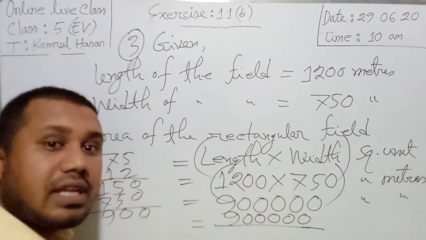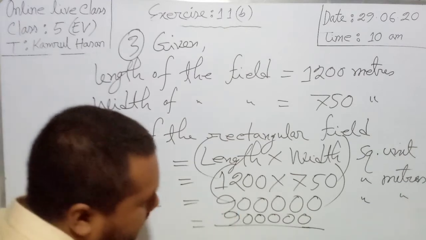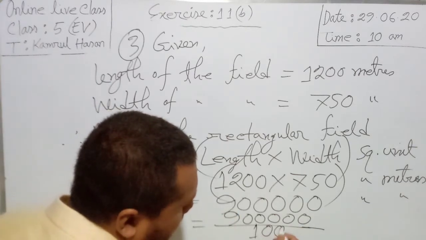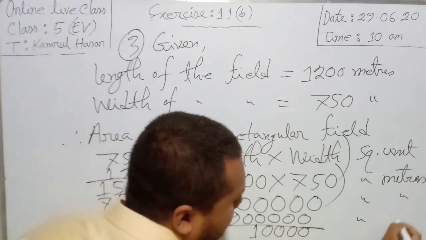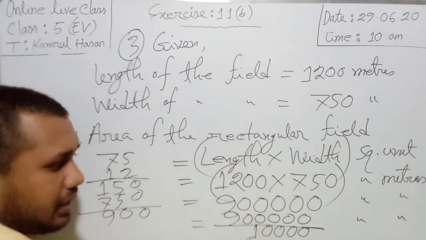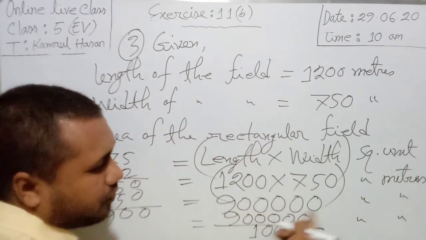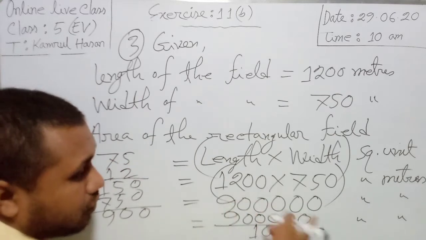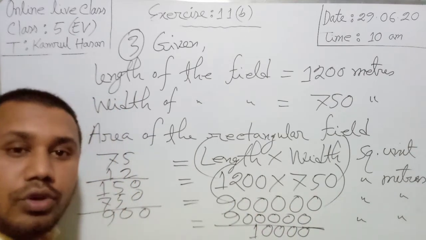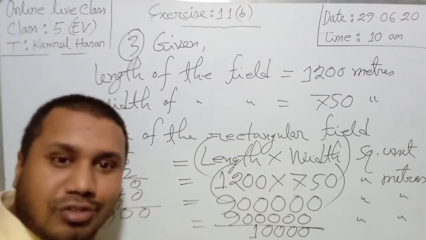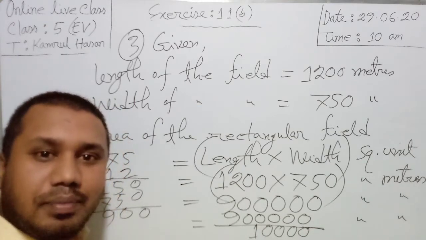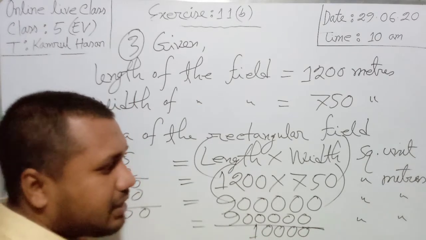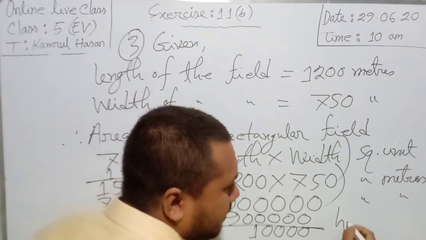Dear student, this is 9 lakh. Clear? 9 lakh. Remember that. Now divide by 10,000 square meter. Look, there are 5 0s, 1, 2, 3, 4, 5, and there are 6 digits. So lakh. So 9 lakh square meter. And we know when it is more than 10,000 square meter, then we need to divide by 10,000. Now if we divide by 10,000, then this will be hectare.